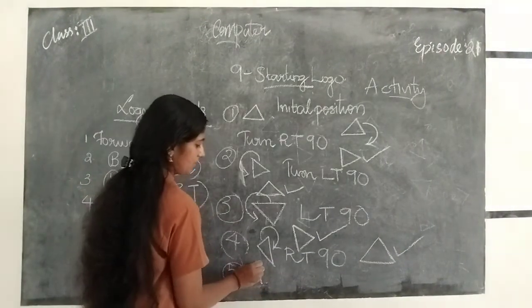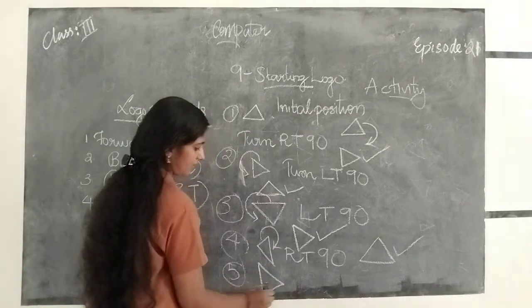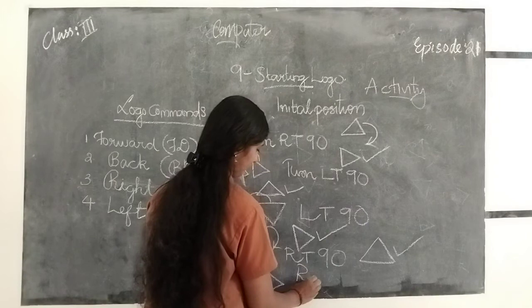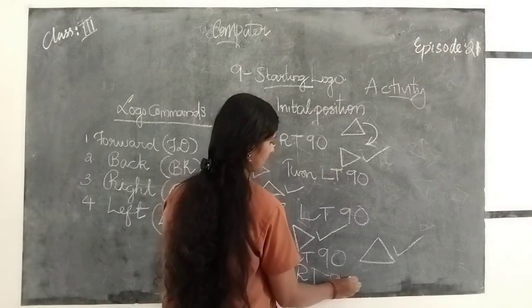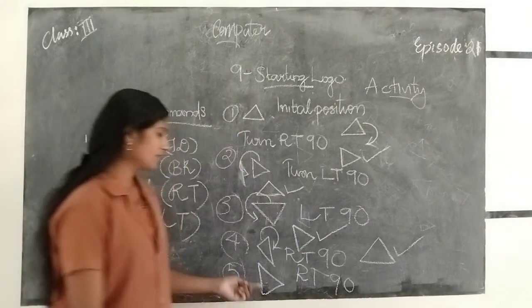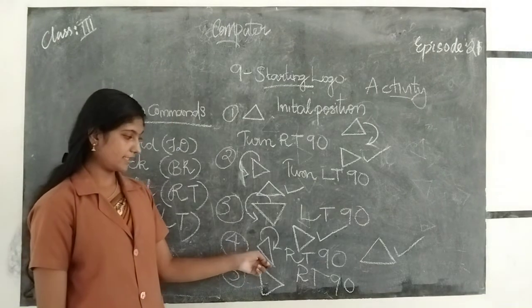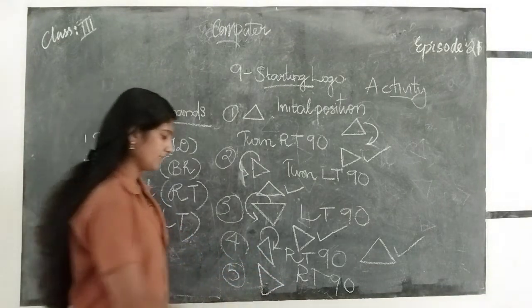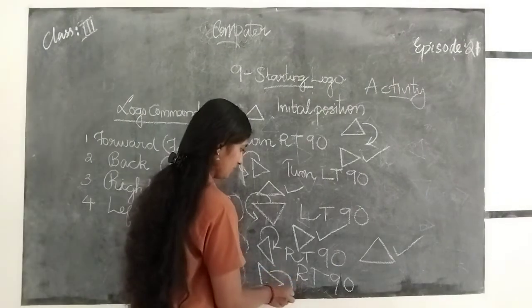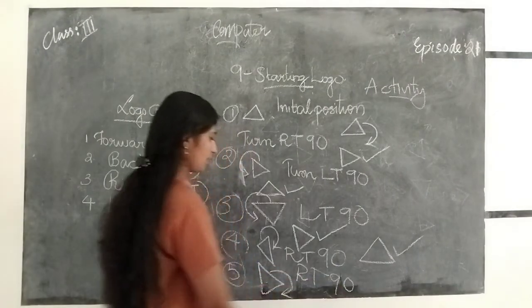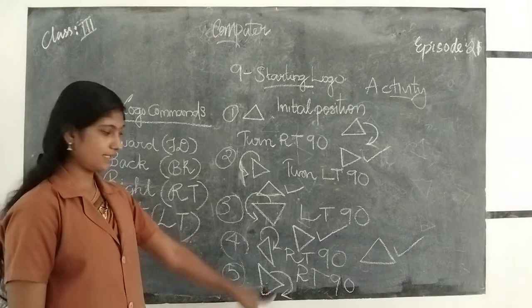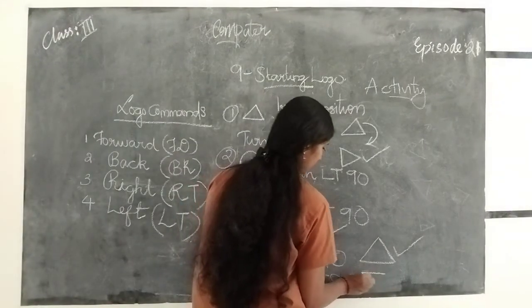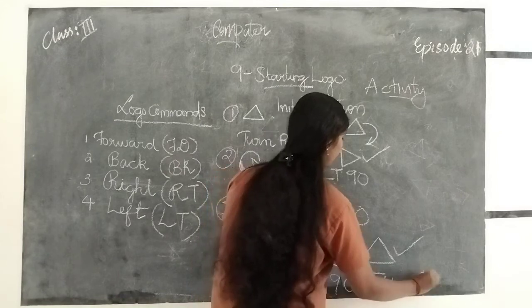This is the initial position and the question is RT 90 degrees. So RT means turn right. So turn the turtle to the right side direction with an angle of 90 degrees. So it becomes like this. So this is the final result.